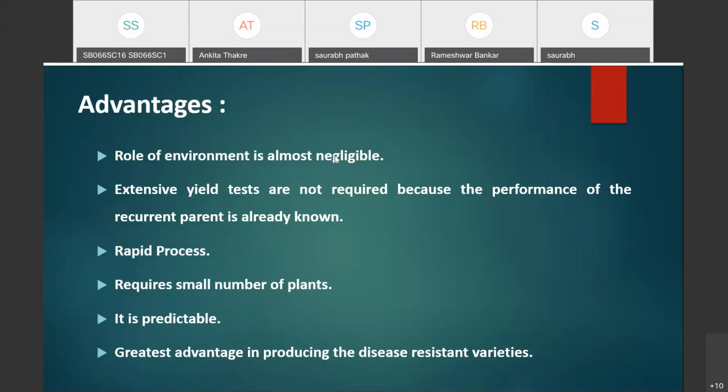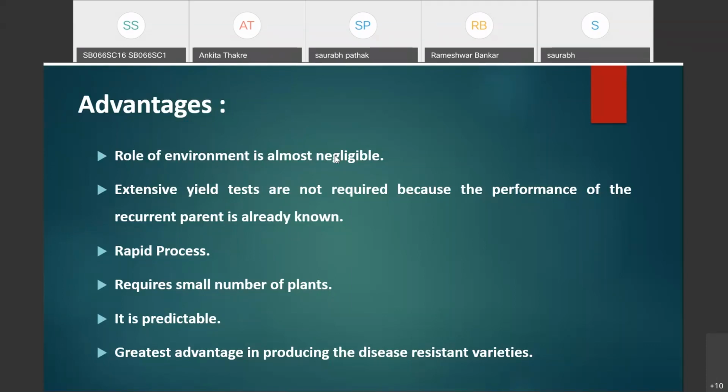The second advantage is that extensive yield tests are not required, because the performance of the recurrent parent, the recipient parent or the commercial variety, is already known. In other words, there is no need of evaluation of agronomic performance.